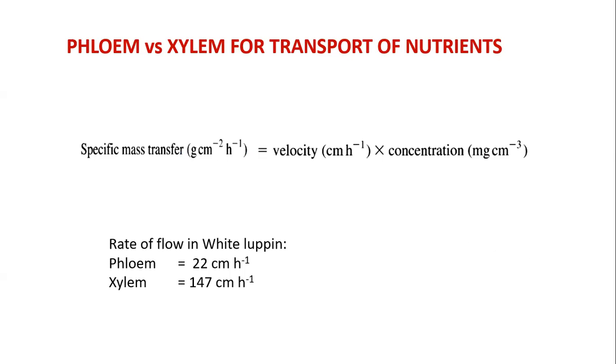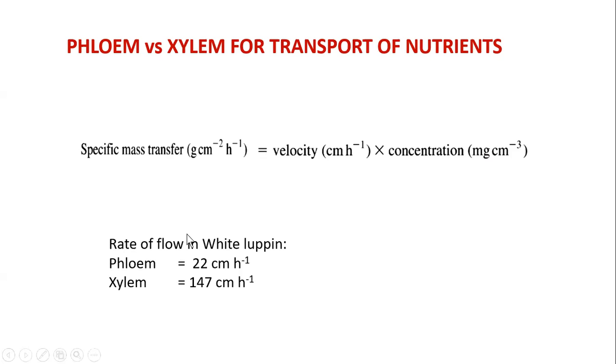Phloem versus xylem for transport of nutrients. This depends on a very simple equation: what is the mass that has been transferred. For example, if the total mass of 1 liter is transferred per hour in a phloem, the transport of nutrients will depend on the concentration of that specific ion in the fluid, either in the xylem or in the phloem, because that will follow this very simple equation.